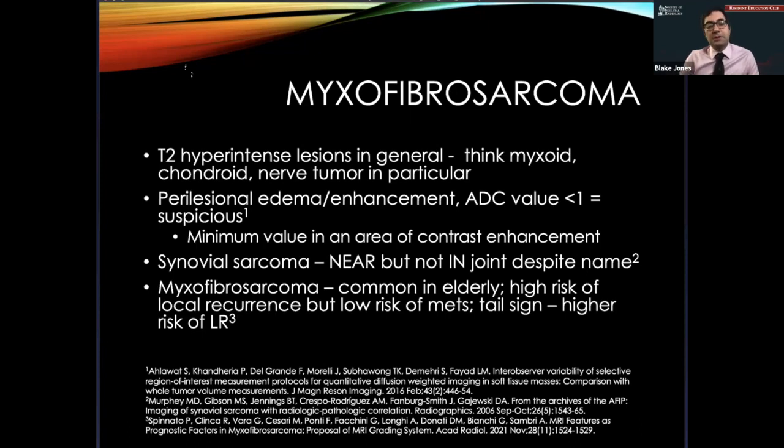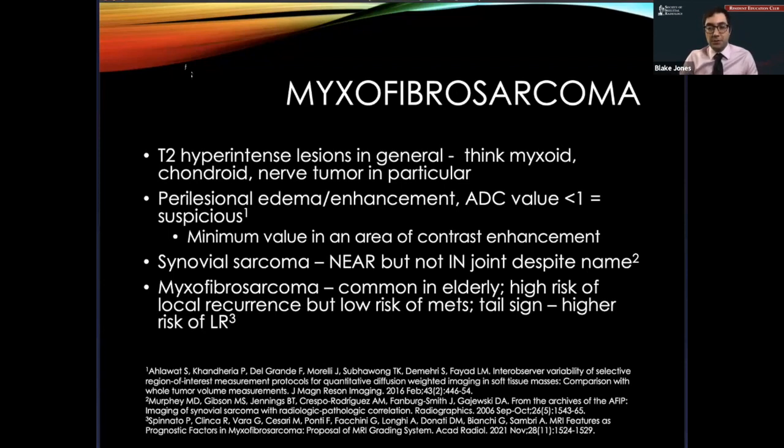Just a note about synovial sarcoma, since I mentioned it in our differential, because I think it's a useful pearl for residents. Synovial sarcomas, despite their name, occur near but not in joints, so keep that in mind. And this lesion, as I said, turned out to be a myxofibrosarcoma, which in particular is common in elderly people, with a higher risk of local recurrence than of metastases.